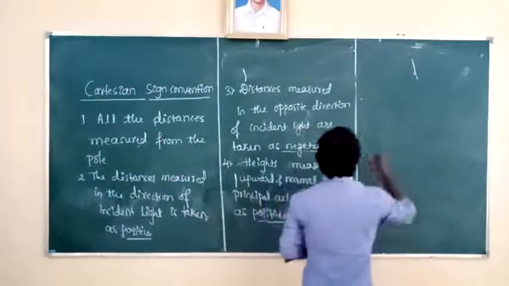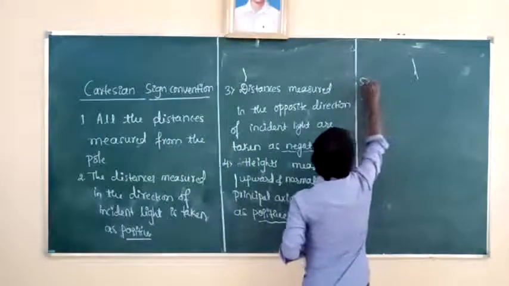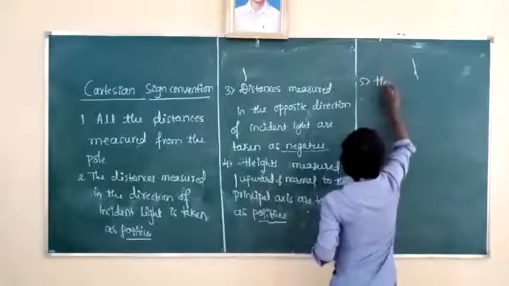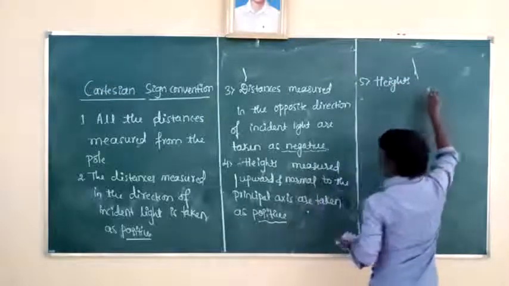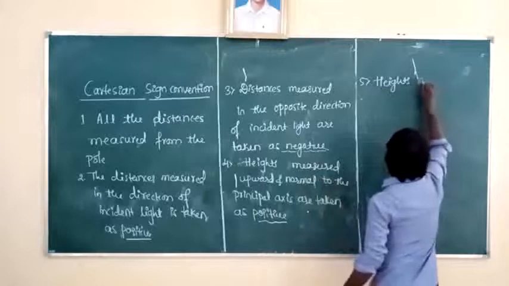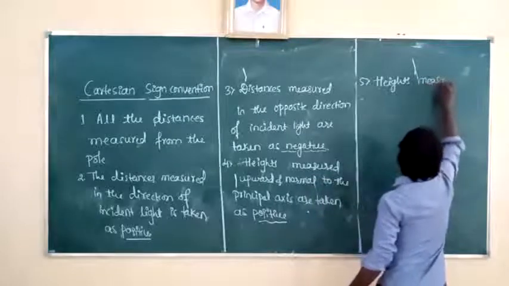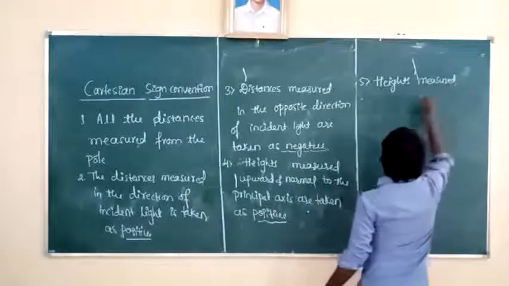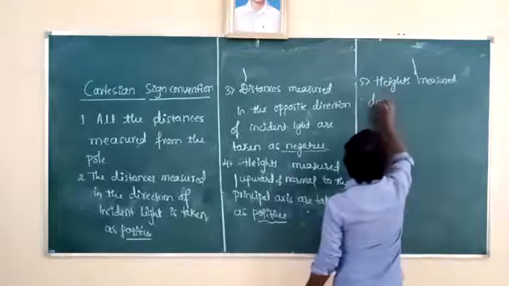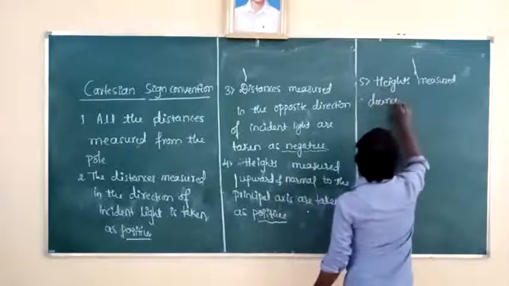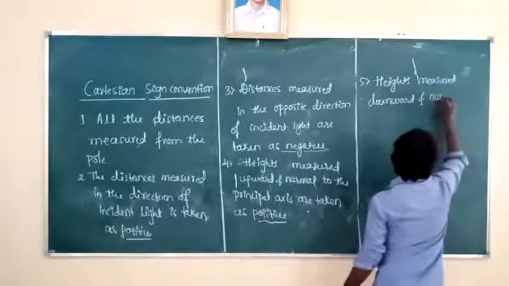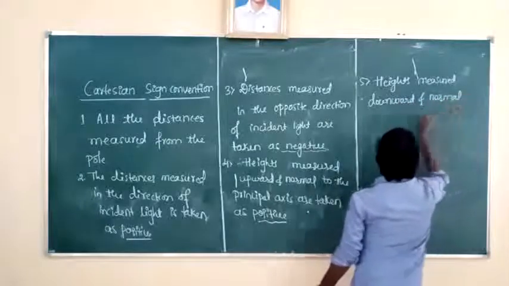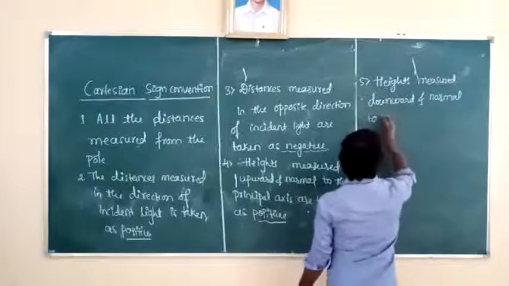Next, the last one, the fifth one: heights measured downward and normal to the principal axis.